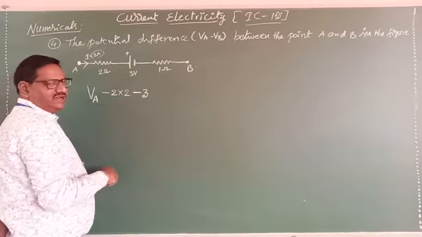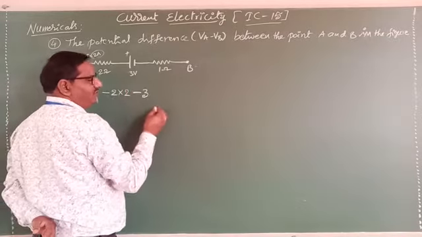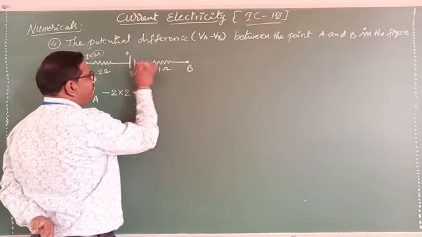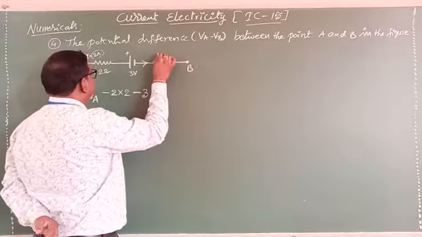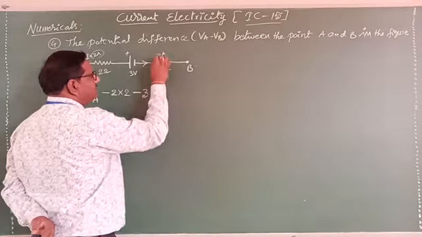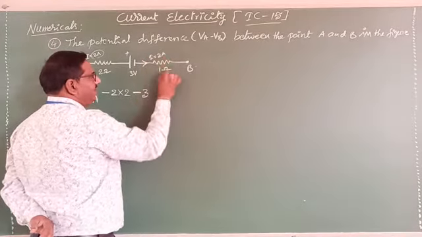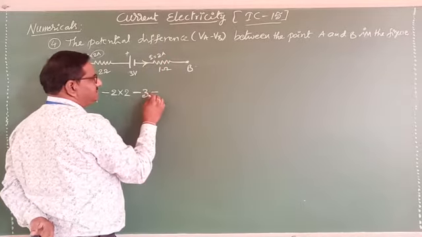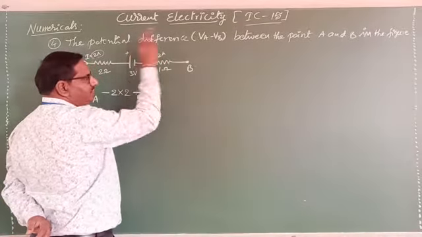Now it will be 3 volts, and the same current of 2 amps will pass here. Now the potential here is minus, because you moved from A to B.